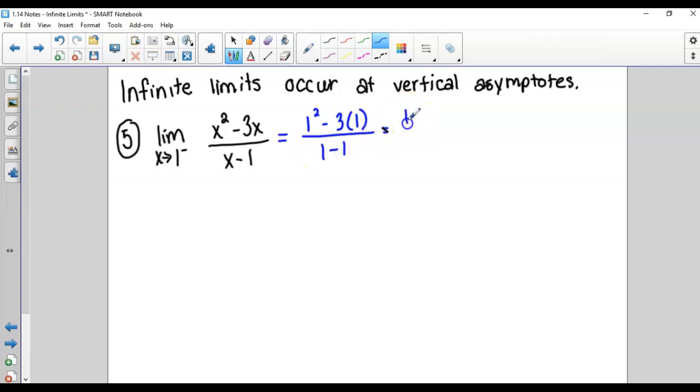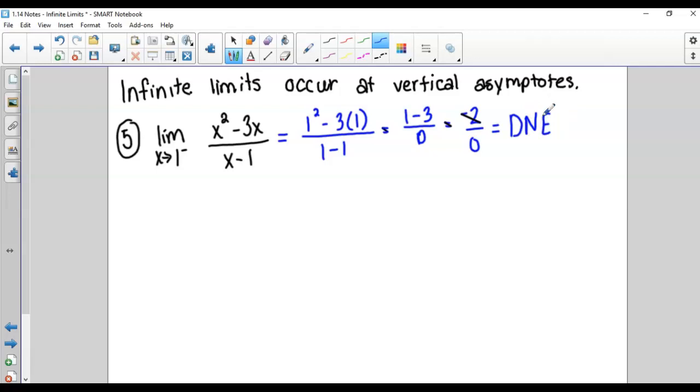And so I get 1 minus 3 over 0, which is negative 2 over 0. So this automatically tells me that the limit does not exist.